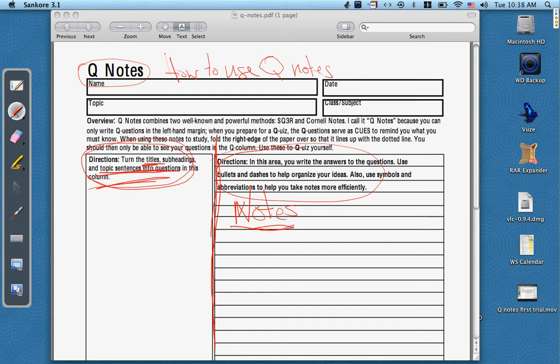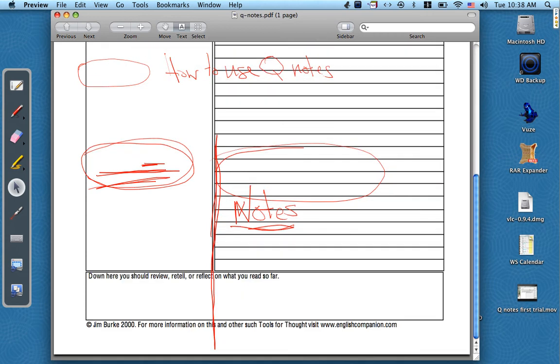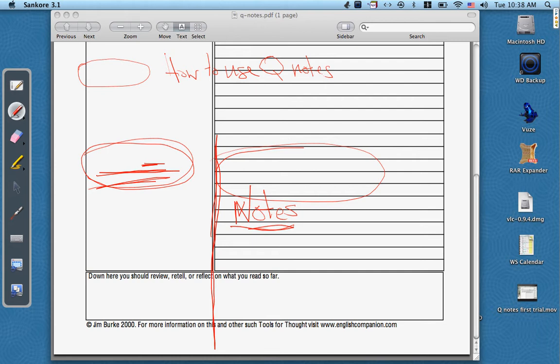Let's go down to the bottom and just look at that really quickly, and then we'll talk about it later. Down here at the bottom, you see another section, right? This blank section right here. It's much smaller. This section is used for reviewing and retelling, right? So this is a summary section, right?